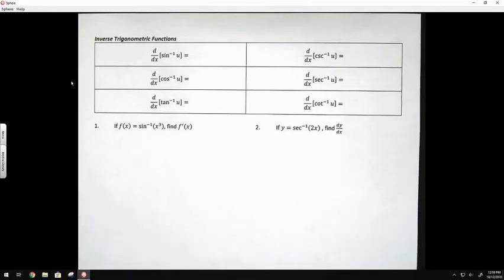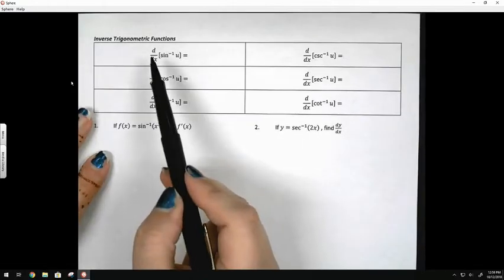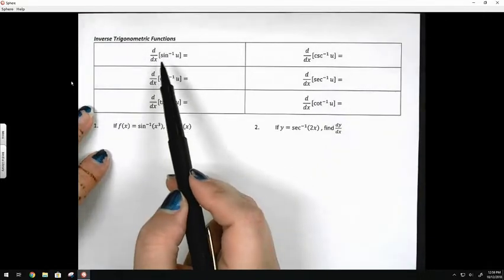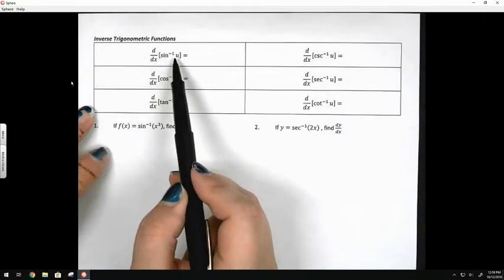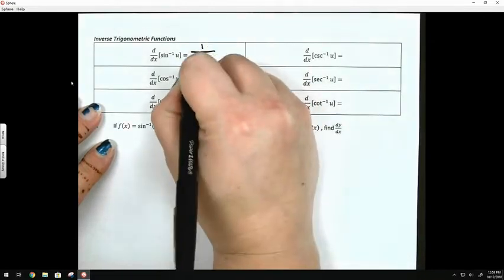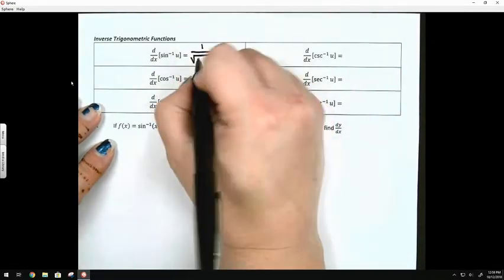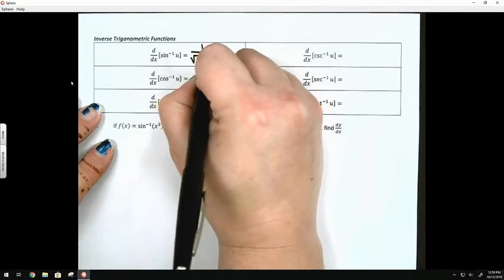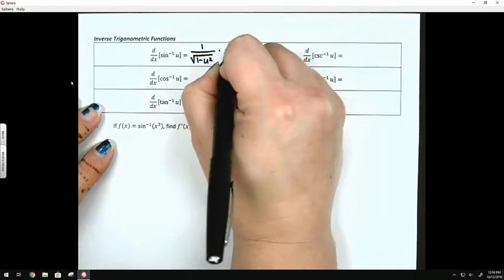These are another one you have to memorize, and these are a little bit hard to memorize. To be honest, it takes me a while to remember them each year. So let's just go ahead and get started. d/dx of sine inverse of u is 1 over the square root of 1 minus u squared times du/dx.